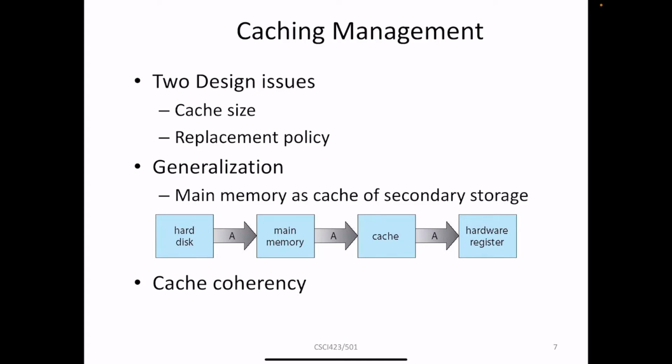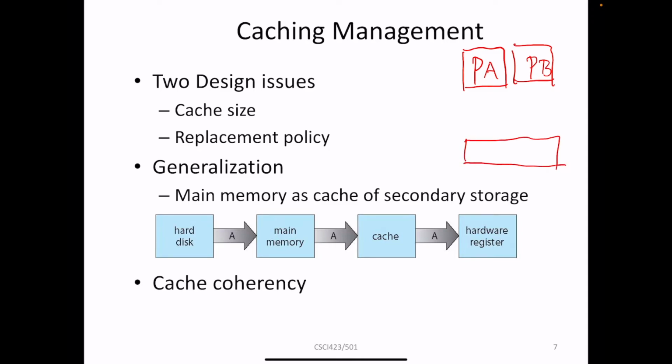Let's see our example. We have a dual processor system with processor A and processor B, so we have processor PA and processor PB. Both A and B need the data D from the main memory.